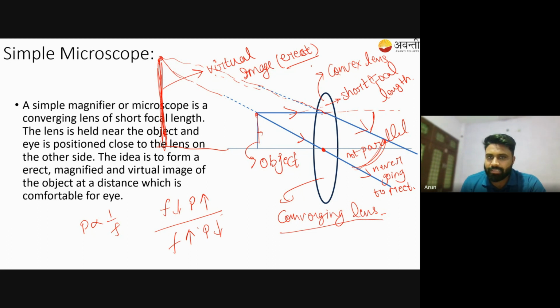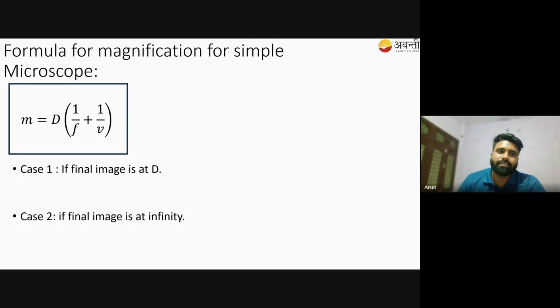The object is placed on the principal axis. The virtual magnified image we get by this simple microscope. So here the idea is to form an erect, magnified and virtual image of the object at a distance which is comfortable for the eye. Now what is the comfortable distance for the eye? I will discuss it here.